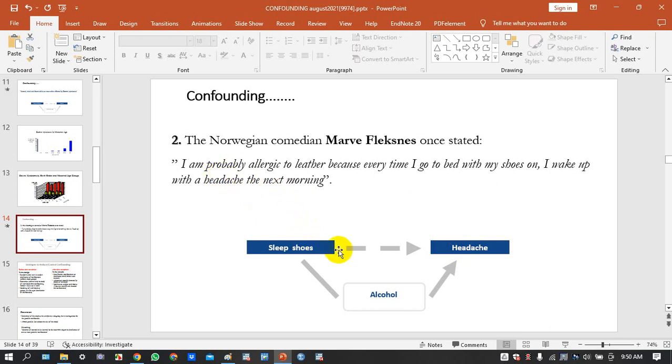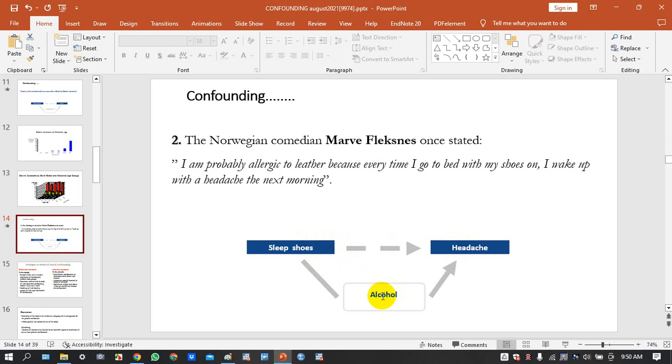any person who goes to bed with the shoes on, it means that the person was drunk. Probably the person was drunk before going to bed, so he was so tired and weak and just fell on the bed and slept. So it's the alcohol that is causing this man to have the headache, but not sleeping with shoes on.